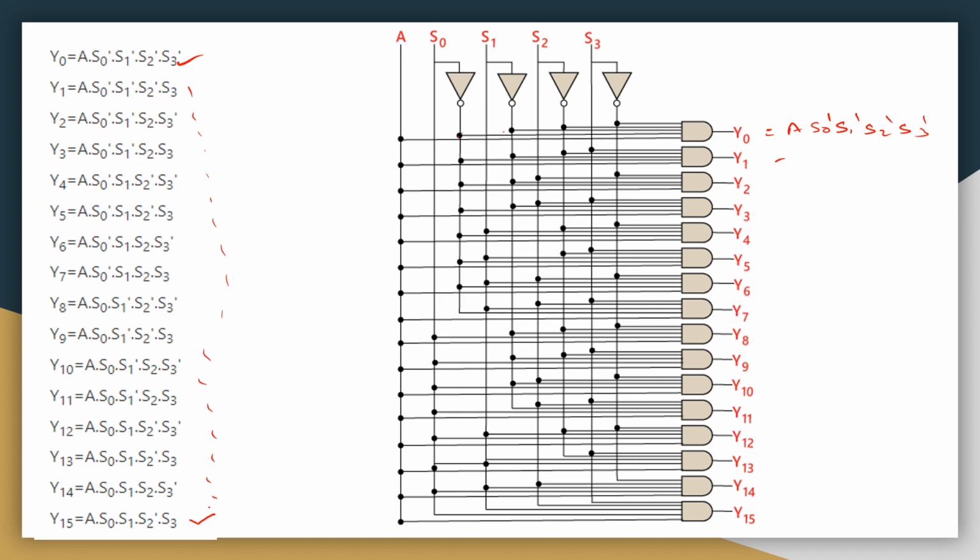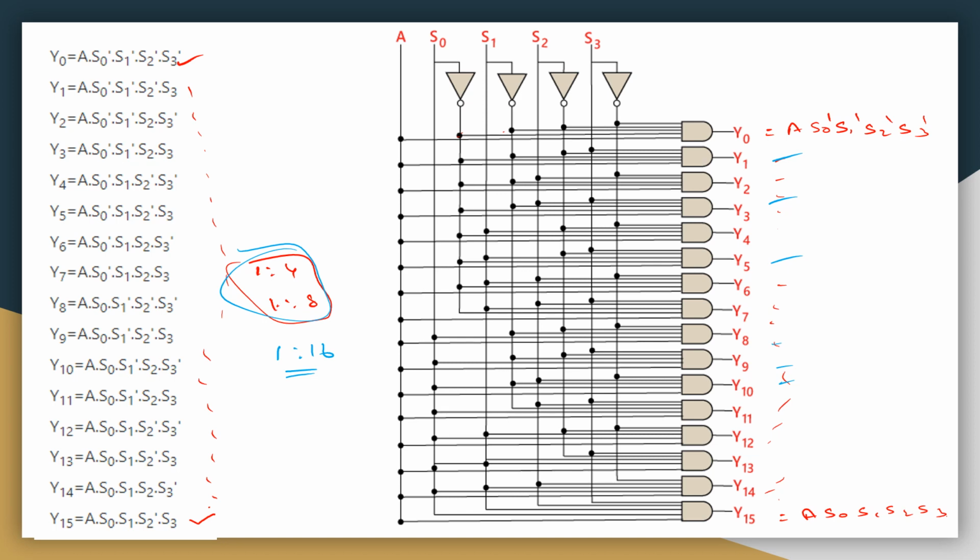Like that, remaining also. Y15 is A into S0, S1, S2, S3. So this concept is just an extension of your 1 is to 4 and 1 is to 8. Once we know the concepts of these, then easily we can draw for any one. The same concept. So anyway, it is about the 1 is to 16 demultiplexer.